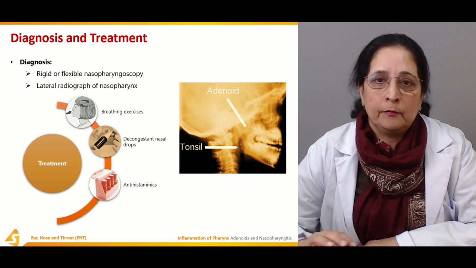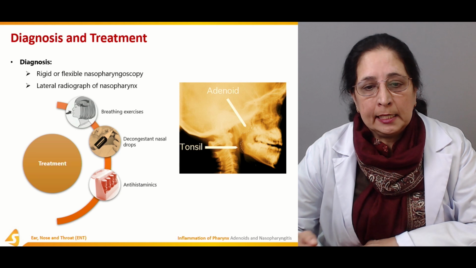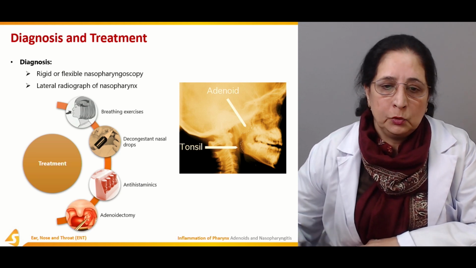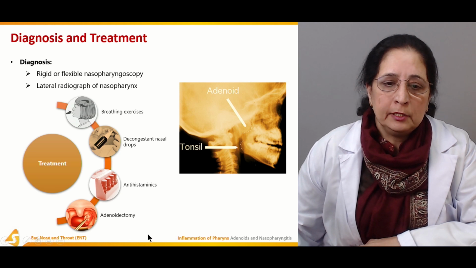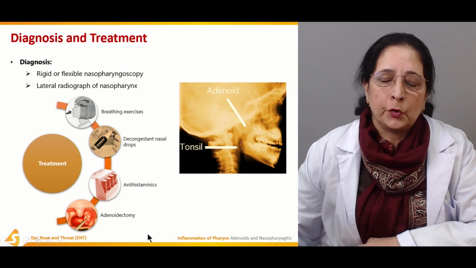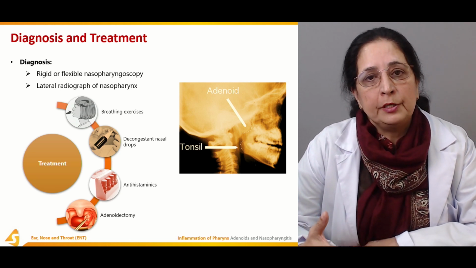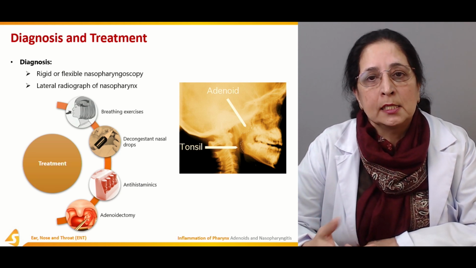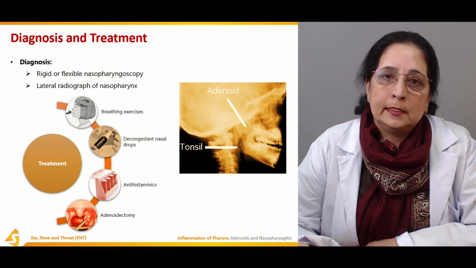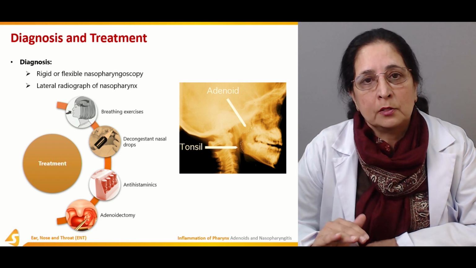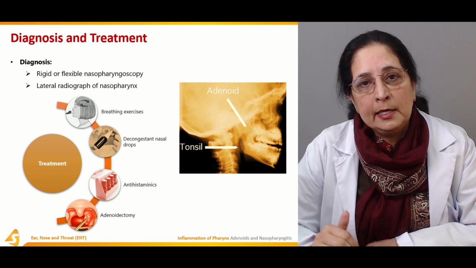That's very helpful. Antihistamines are also helpful, and then we can do adenoidectomy, which is the removal of the adenoids, and usually for patients who have recurrent episodes of adenoiditis, like tonsillitis, the ultimate treatment is the removal of the adenoid so the patient feels better.